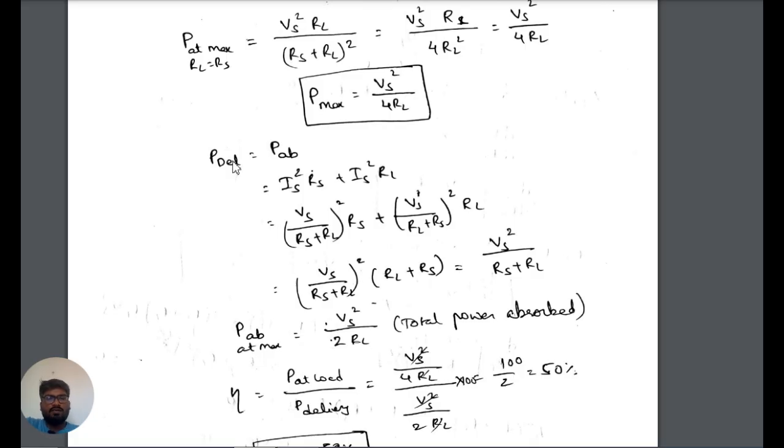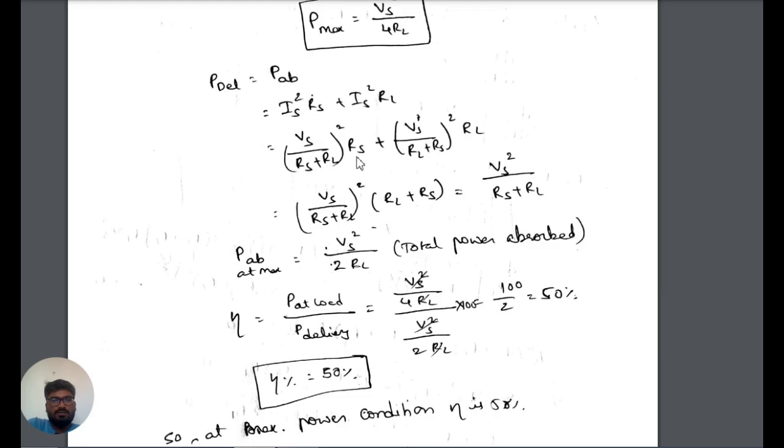So power delivered is equal to power absorbed. This is the law of conservation of energy: whatever power is generated will be equal to the consumption. There are two resistors, and summing all the powers dissipated gives the delivered power.